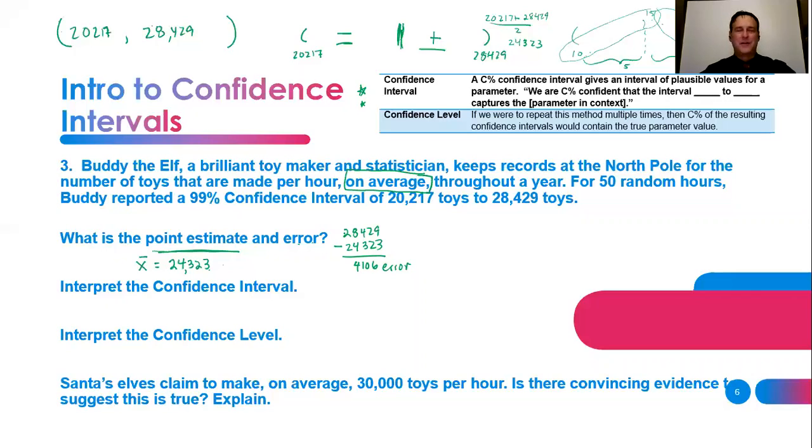So pause this for a second and see if you can interpret the confidence interval for 99%, as it shows in the instructions. Do an interval and then the new one, the level. If you get stuck, you can look at the table on the top here to help guide you through that. In the end, we'll see if yours looks similar to mine.